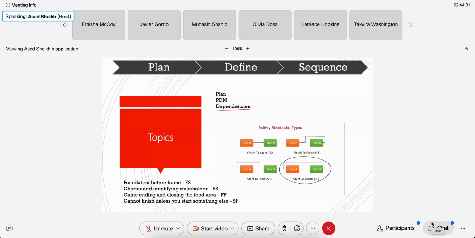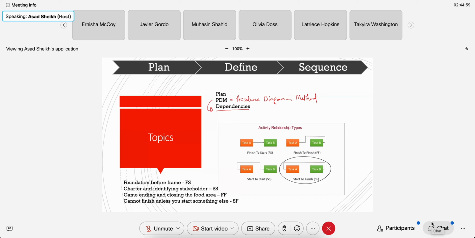And PDM, this PDM stands for precedence diagramming method. Okay, PDM. So under PDM, you have these dependencies.